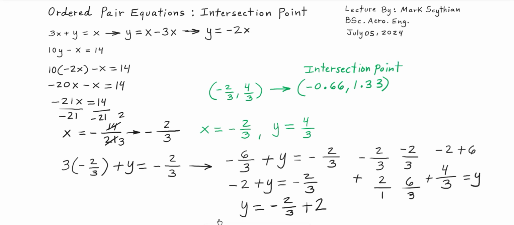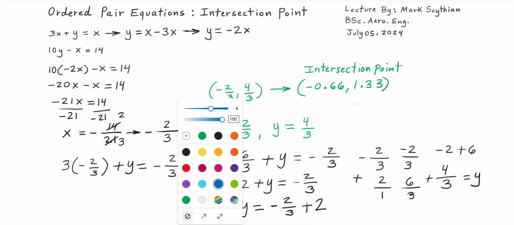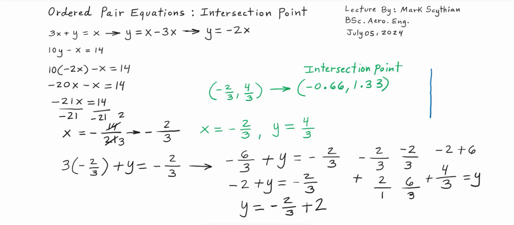So if we were to get an idea of its graph, here's our y-axis, here's our x-axis. Obviously, the x is starting somewhere in the negative, so we'll call this 1, -1. So -2/3.